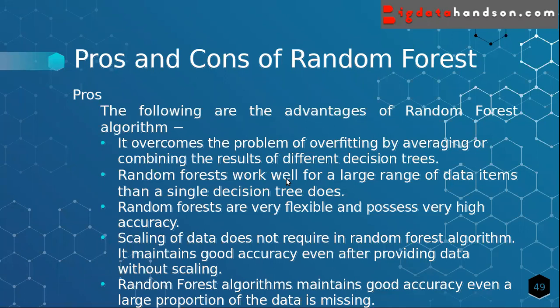If you give a large data set to a single decision tree, it will not work efficiently. So we split it into samples, and then give them to multiple decision trees. The multiple decision trees give multiple results, and we combine the results. That's why random forests work well for a large range of data also. Random forests are very flexible and have very high accuracy, and scaling of data is not required in the random forest algorithm.